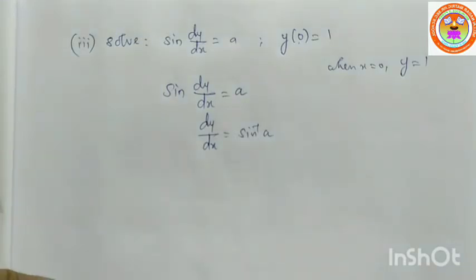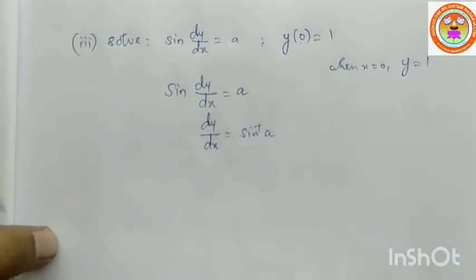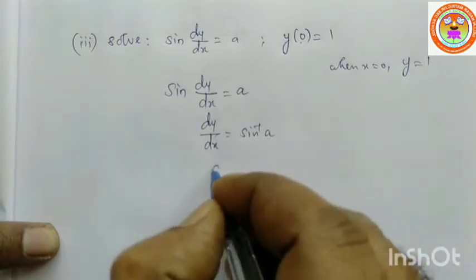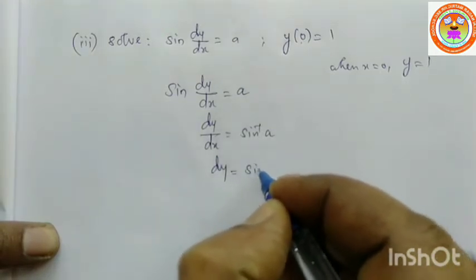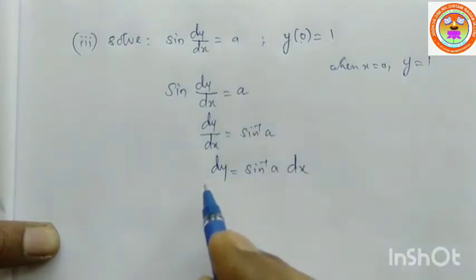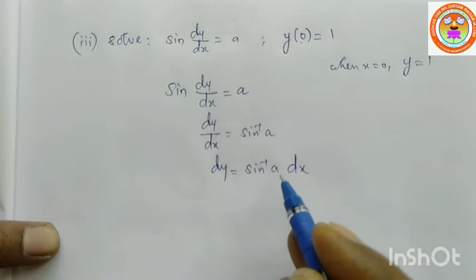Our main target is to separate the variables. When we separate the variables, dx will move to the other side, that is dy is equal to sine inverse of a into dx. See, one side is full of y terms, the other side full of x terms.